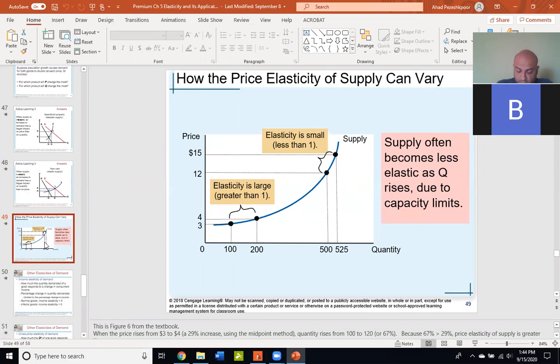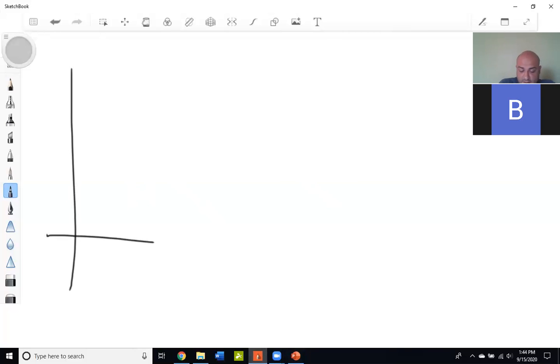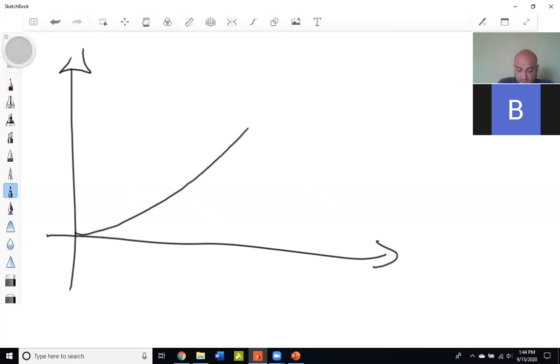Also, we talked about this. Elasticity is not equal all over the curve. When, for example, you have a supply curve like this, your elasticity is not the same here as compared to here.